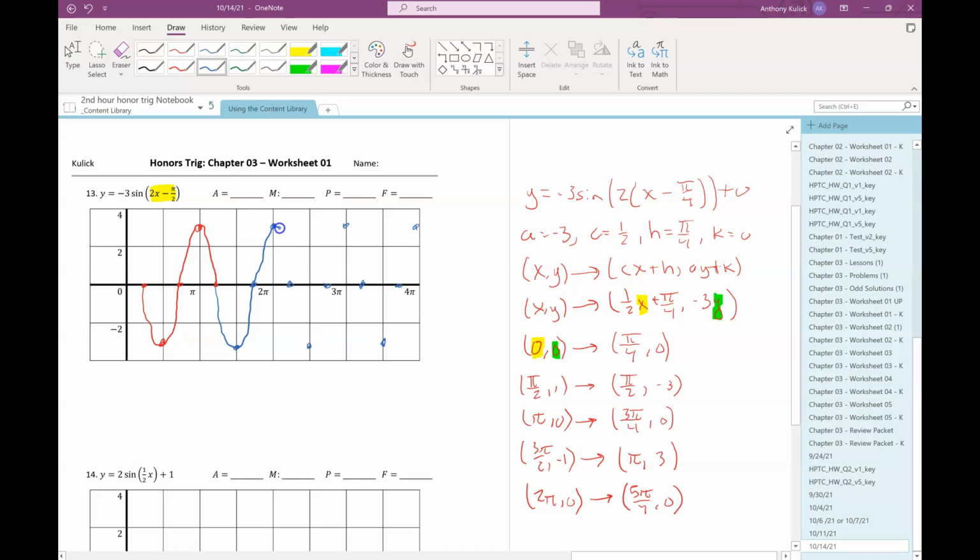And I just keep following the same spacing pattern that we established. And I would do the same thing in the reverse direction. So max, midline, min. And there's what we got. Does that feel okay?